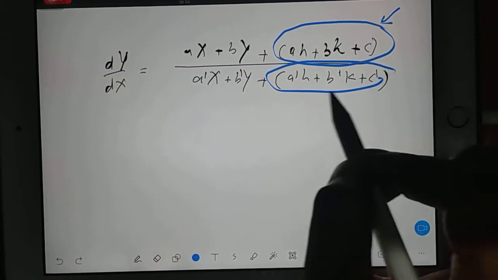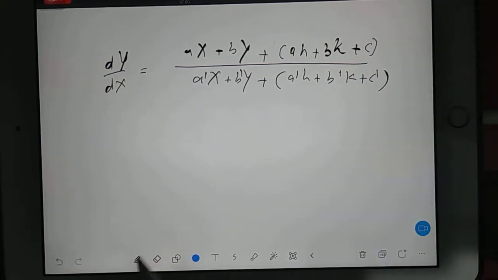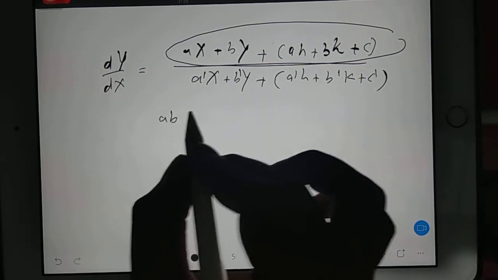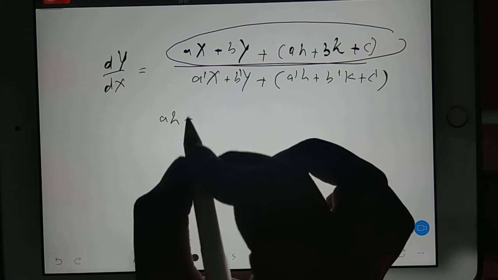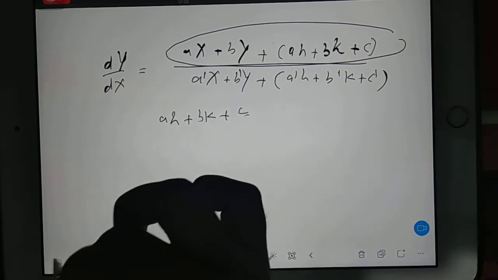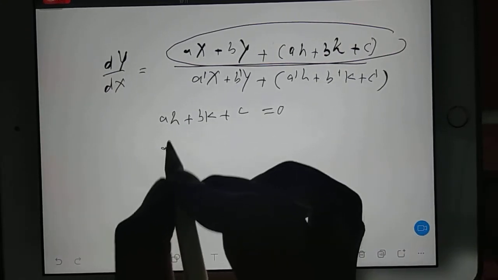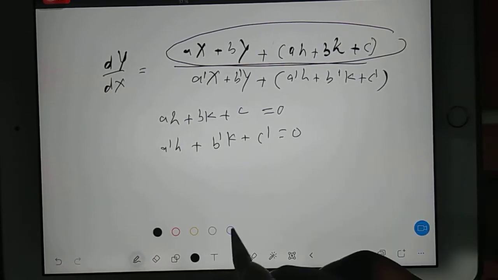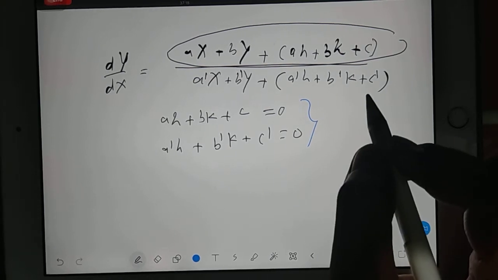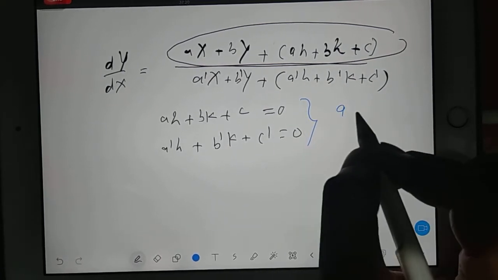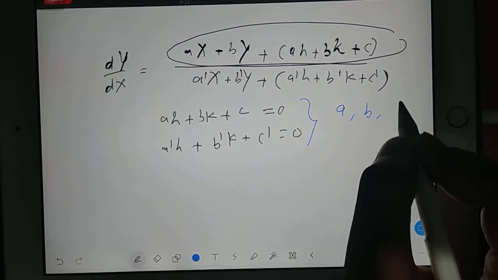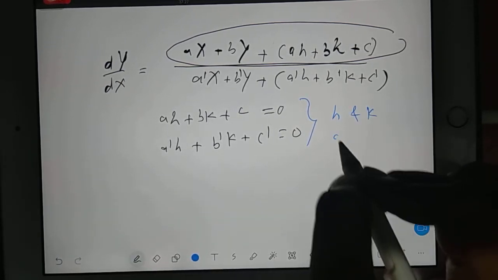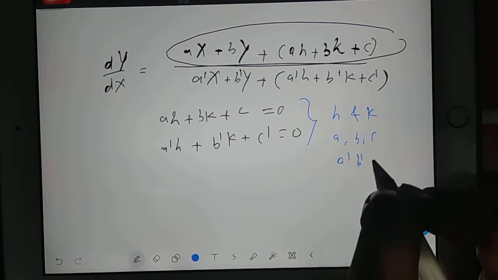So we make a condition that this will be homogeneous if ah plus bk plus c is equal to 0 and a dash h plus b dash k plus c dash is equal to 0. If we follow these two equations, then only we can find the values of h and k in terms of a, b, c, a dash, b dash, c dash.